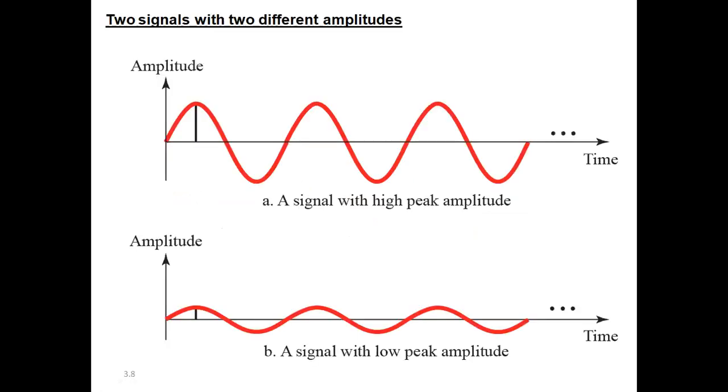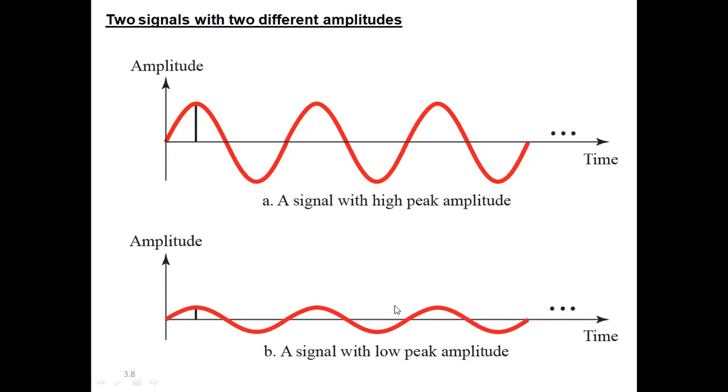Now, this is more of a sine wave. Here amplitudes are depicted. So what do you understand by the term amplitude? This is the value of the peak whenever there is a signal moving like this. The maximum value of one particular peak is called the amplitude. So two signals are here.